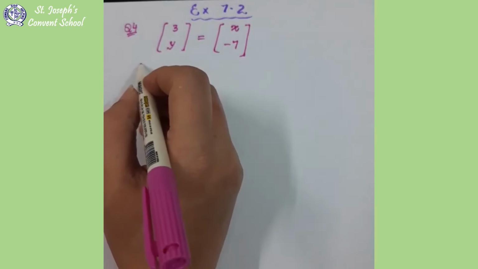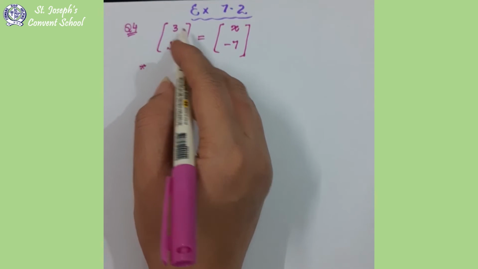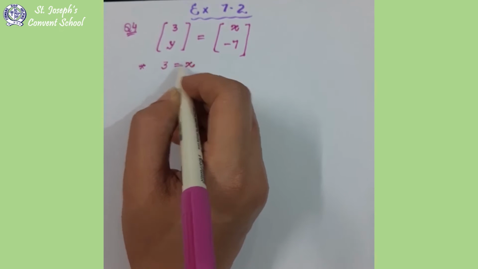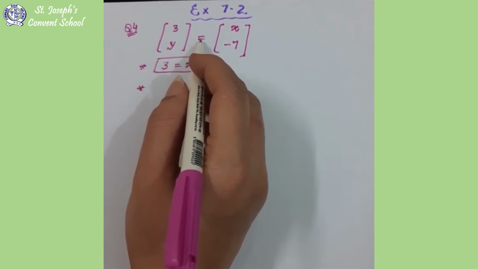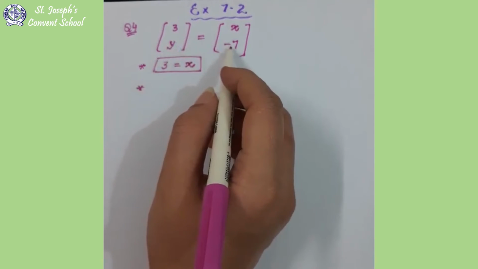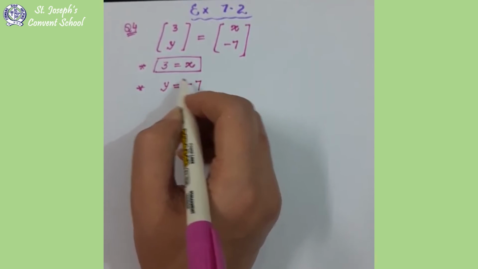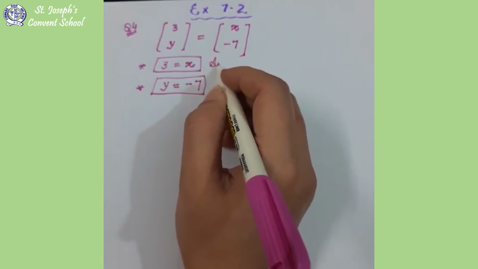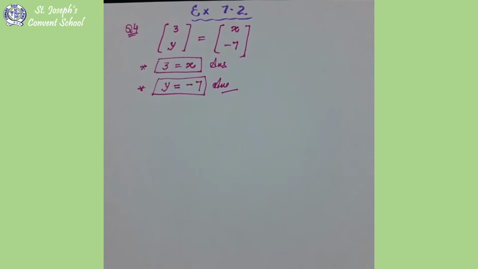So you can write the value of x and y. So 3 equals x, this is the value of x, and y equals minus 7. Second value equals second value, so the value of y is minus 7. So simple it is. Two matrices are equal, you can easily find the answer.